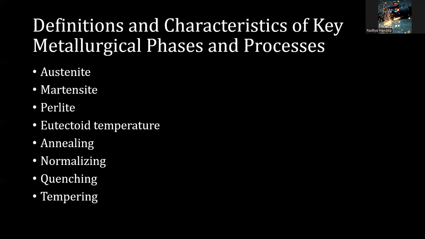Quenching and tempering further modify properties, with quenching forming hard martensite and tempering reducing brittleness to balance hardness and ductility. Each heat treatment method is essential in producing metals with characteristics required for specific applications, from tools to structural components. So that's the elaboration.